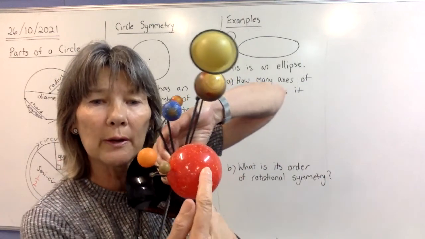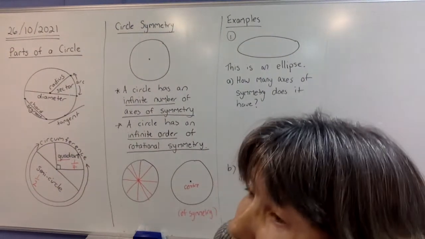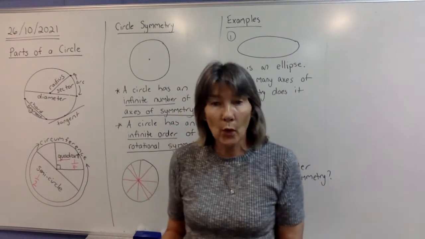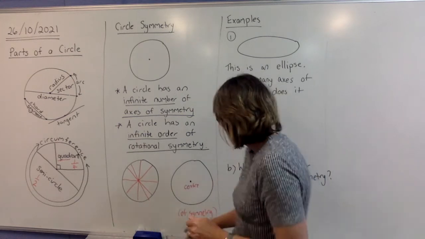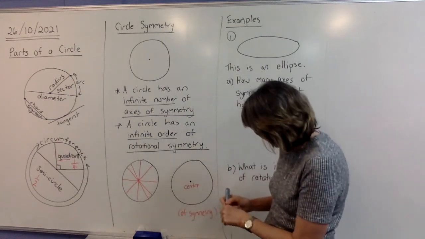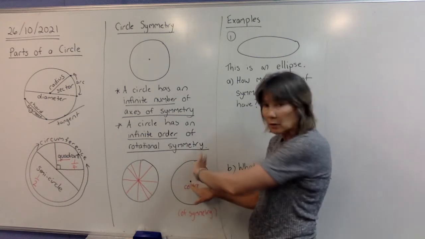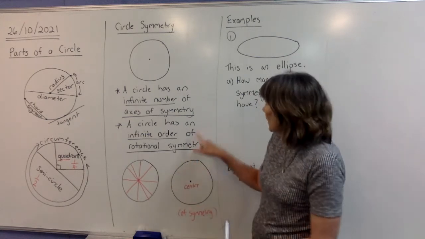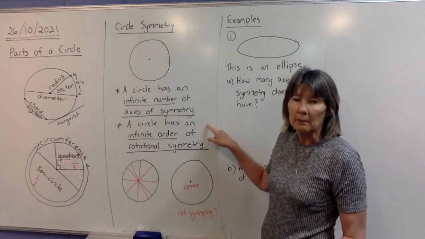There's no point where it doesn't look the same. So I can spin it through 100 degrees, 240 degrees, it doesn't matter. It's still going to look like the same circle. So that means no matter how many times we spin, when that holds still and I spin this circle, the circle's still going to look the same. So that means it's got an infinite order of rotational symmetry.